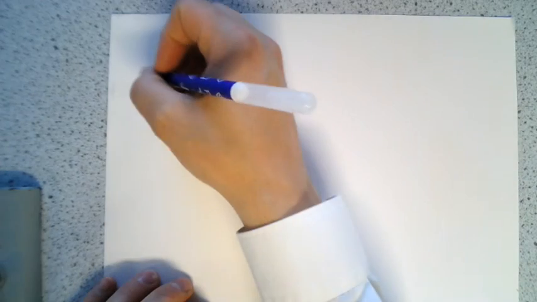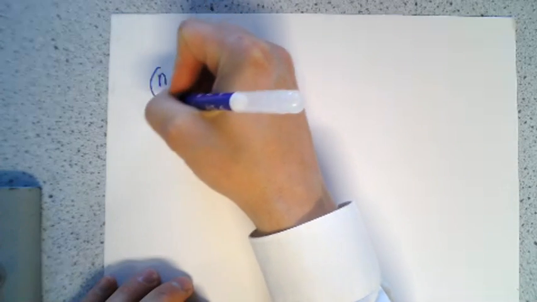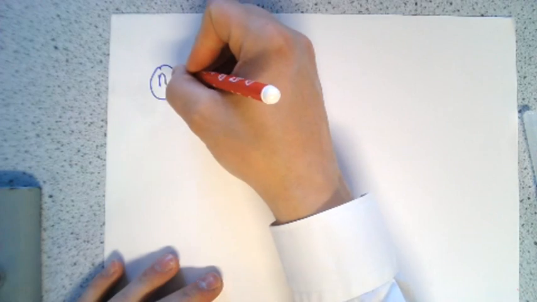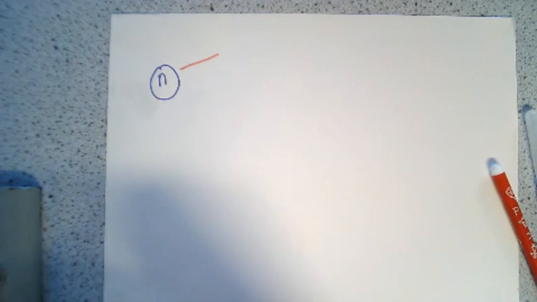Beta has a story. It's exciting. Here's what happens. In beta decay, a neutron from a nucleus is converted into two things. In our case, I'm going to draw two here.